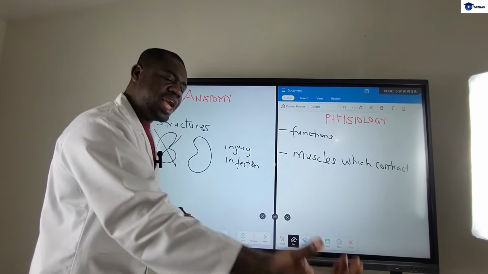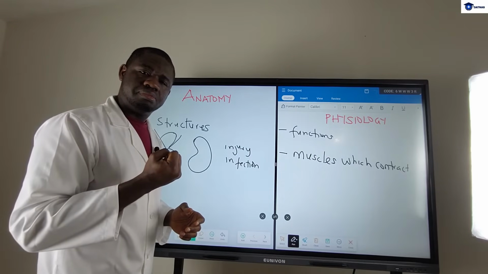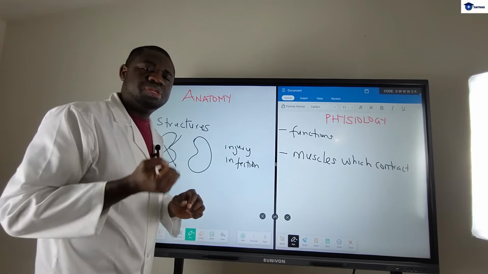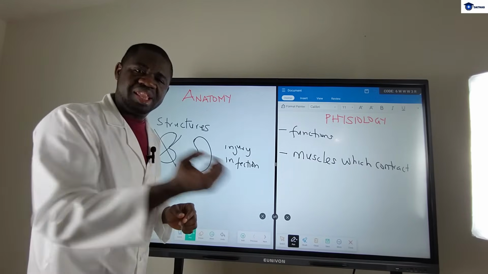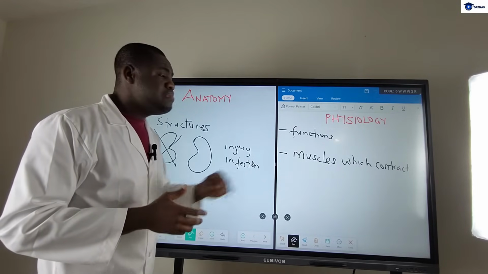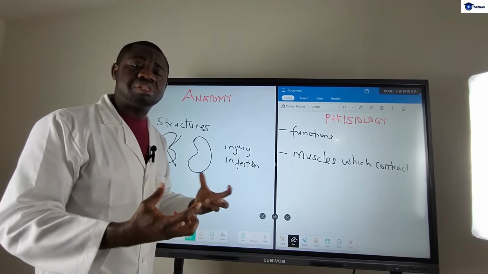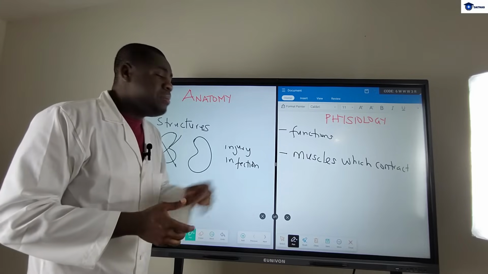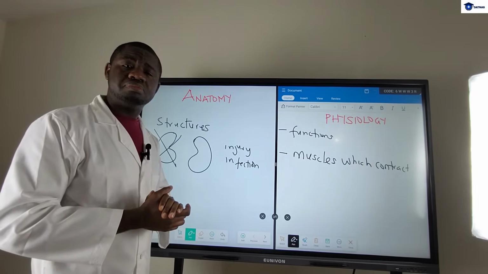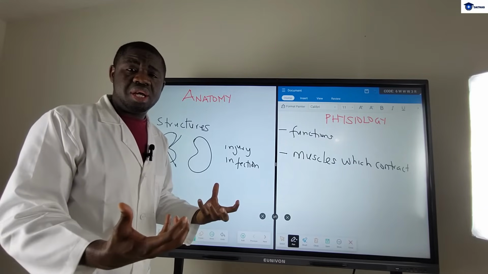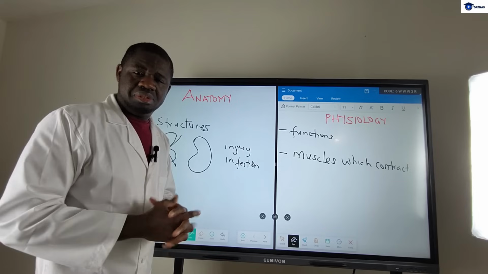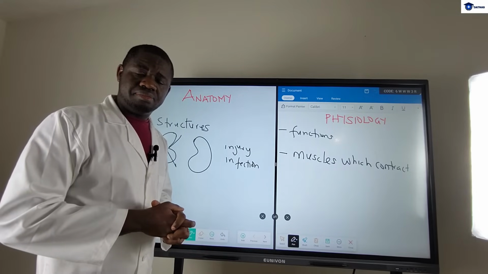Because when you use a limb, it causes the muscles of that limb to contract so that you can move that part. But now, the muscles cannot contract. Maybe because of injury or infection or a genetic disorder or maybe autoimmune disease.